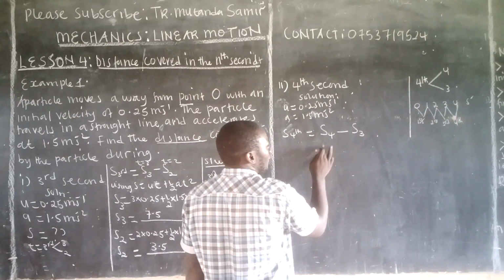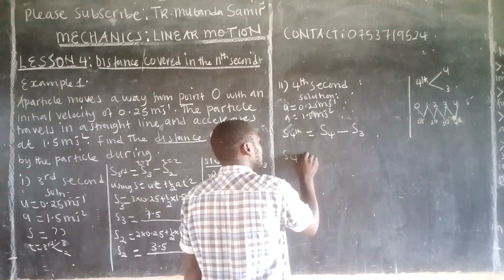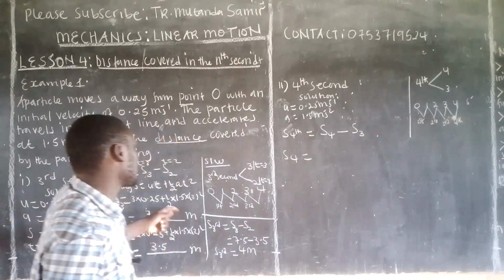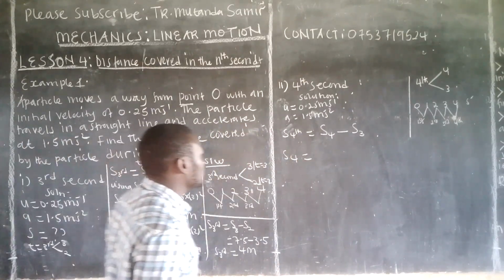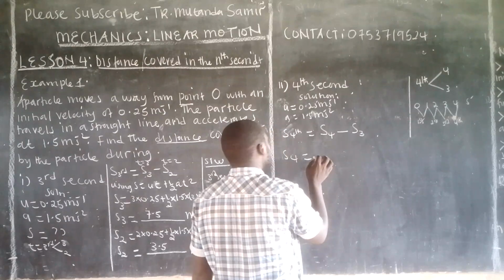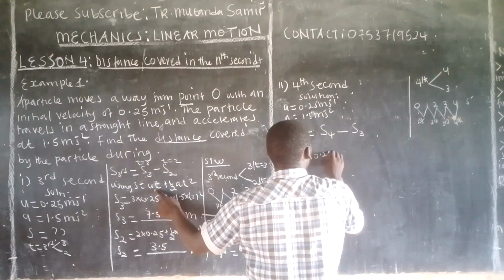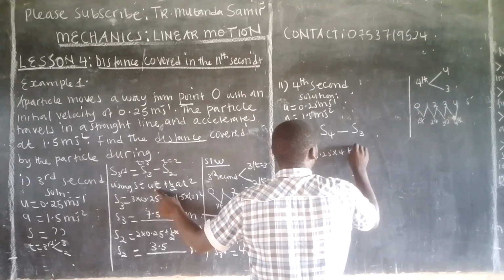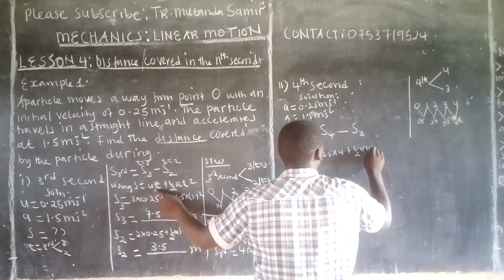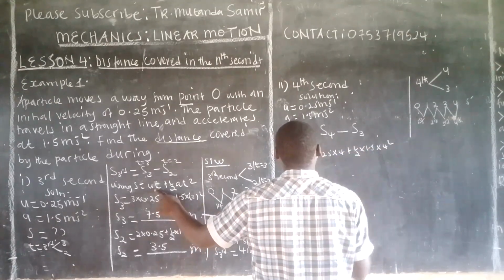And now, shall I proceed? Let me get S at t=4. I'm still using the second equation of motion, s equals ut plus a half a t squared. So the u is 0.25 times 4 plus a half times 1.5 times 4 squared, of course, the time.